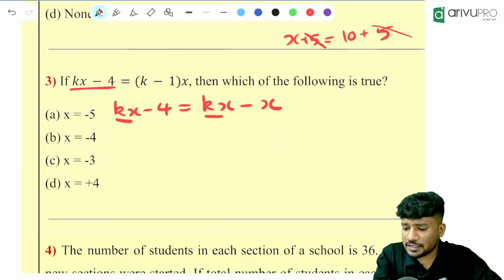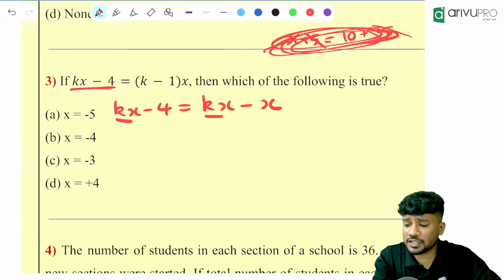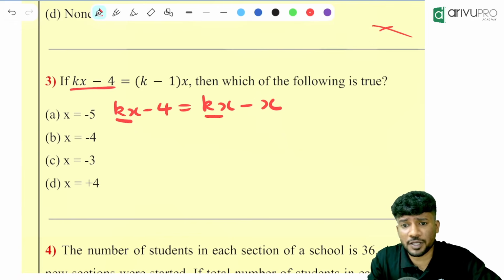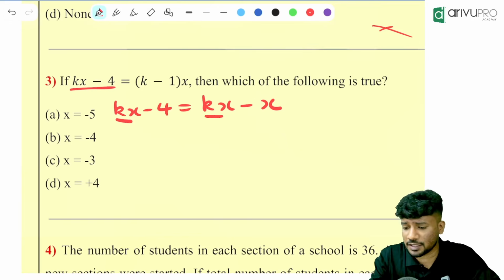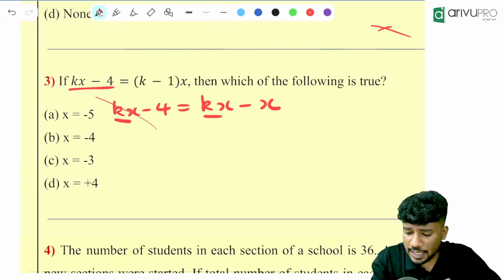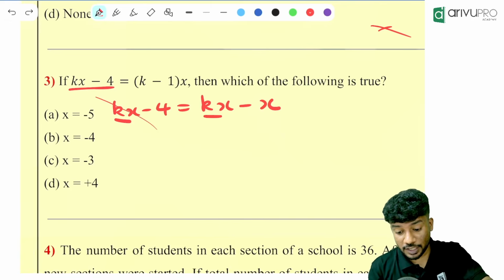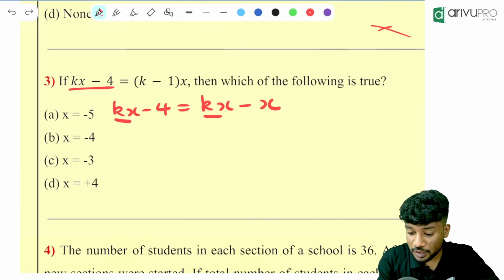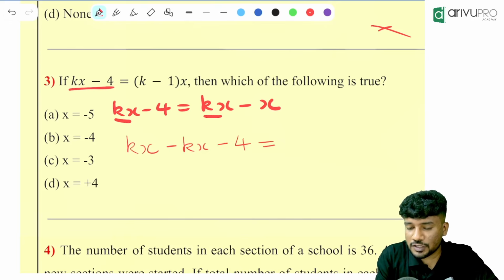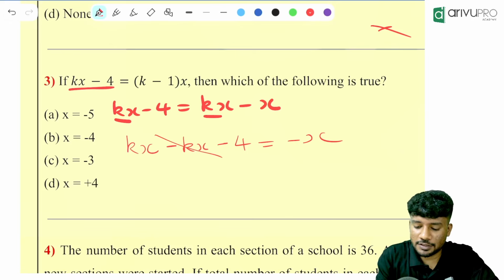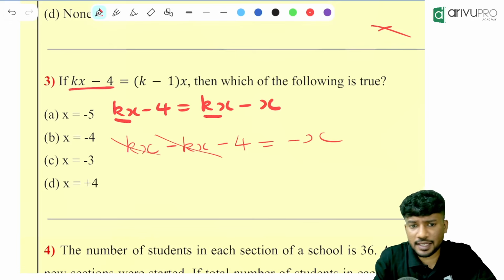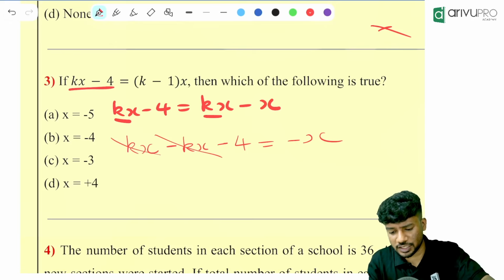We say that x and 5 are in the opposite direction, so I will cancel them off. Because when they come to this side, they will anyway cancel off. So I will say that kx and kx will get cancelled off. The reason is, we take kx to this side, so kx minus kx minus 4 is equal to minus x. So plus kx and minus kx should cancel off. That is the reason.